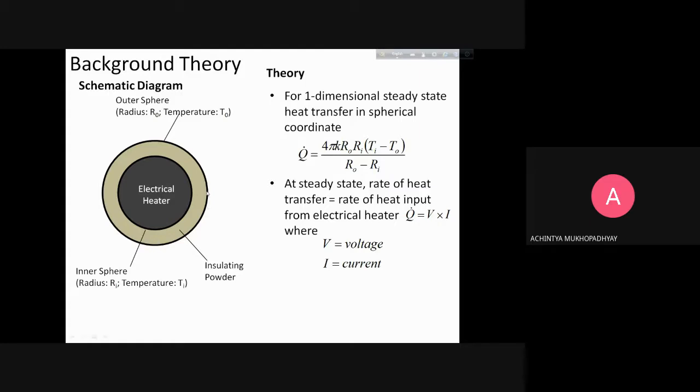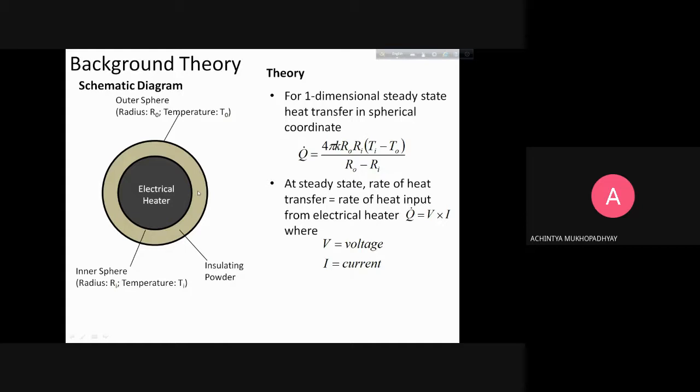If you know the power input to the heater, then under steady state condition, the rate of heat transfer from the device has to be equal to the rate of heat input to the electrical heater.